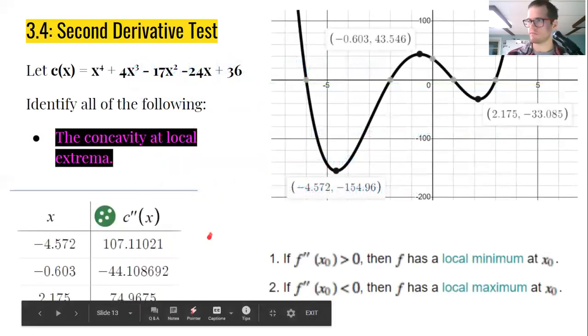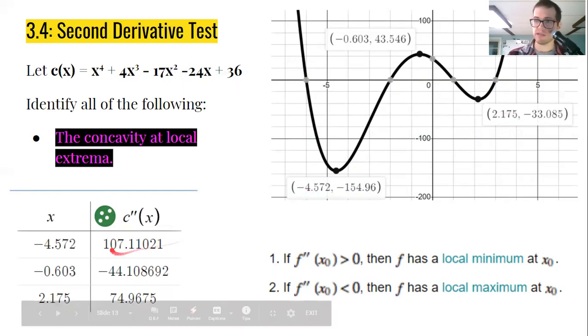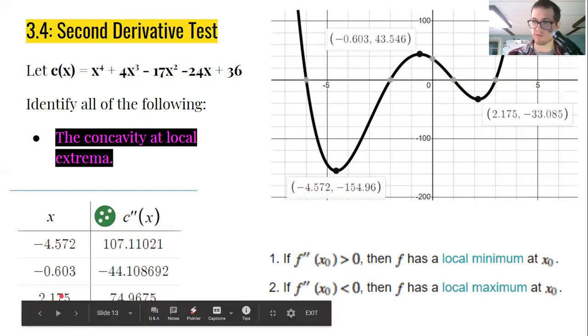And here, again, here's the graph of c of x again. Here are the coordinates of the min, the max, and the min. So you can see the x values for each of those. Here's each of those x values and then evaluated in the second derivative. Well, it's a minimum and it was positive, right?